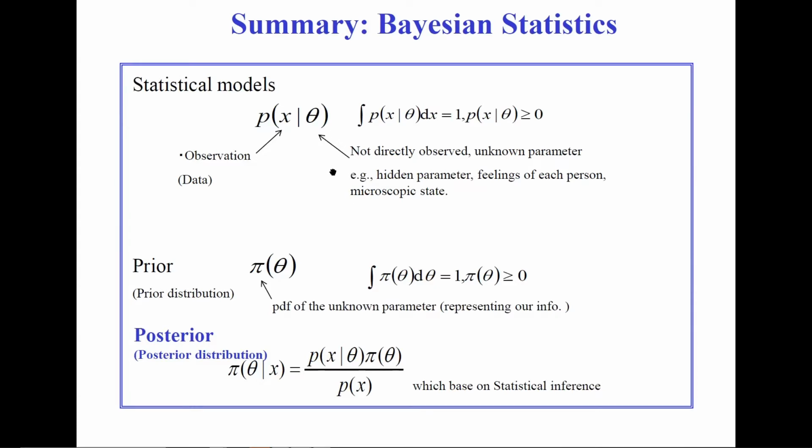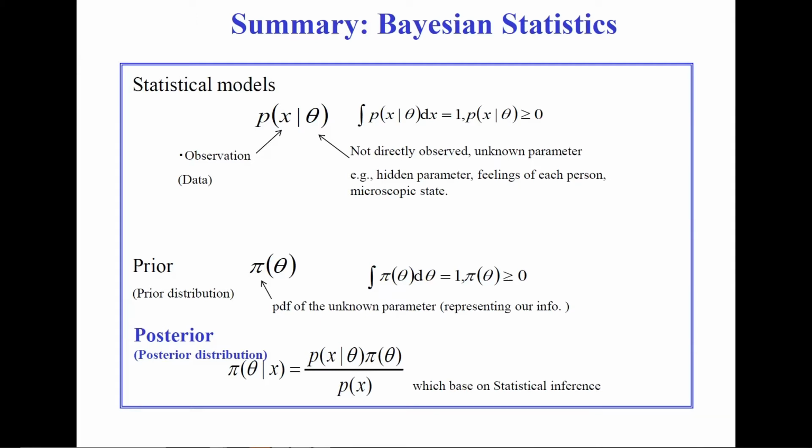This is a basic assumption. And in Bayesian statistics, we set a prior distribution, or probability distribution, over the parameter theta. This is an important point in Bayesian statistics.